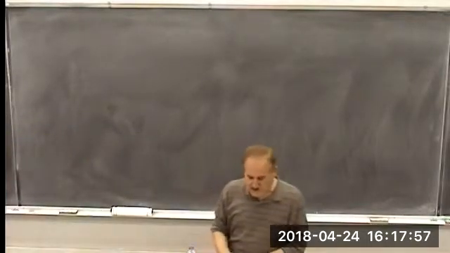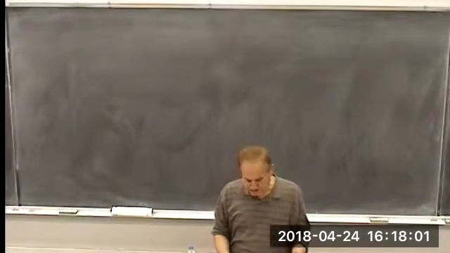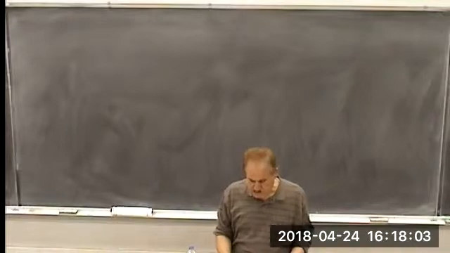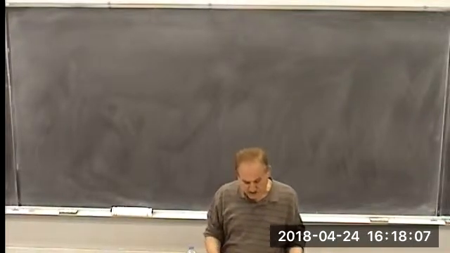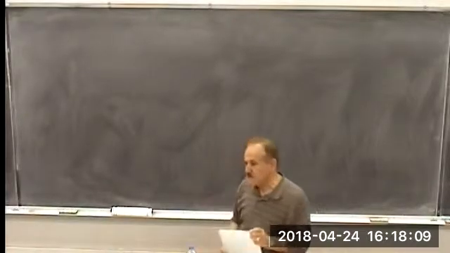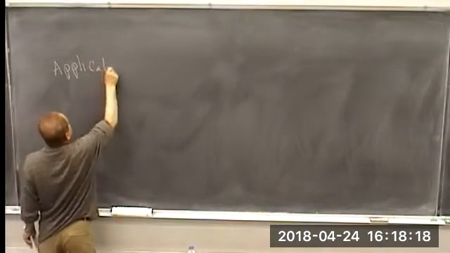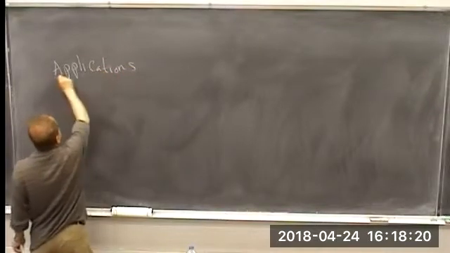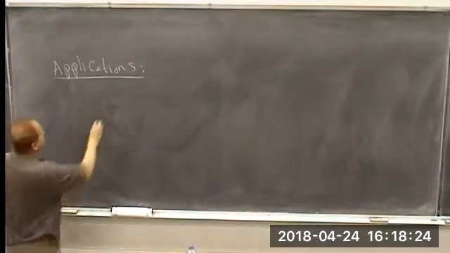And then we're going to look at how we find the greatest common divisor and least common multiple using the prime factorization. So here are some applications. Let's just start with this here.